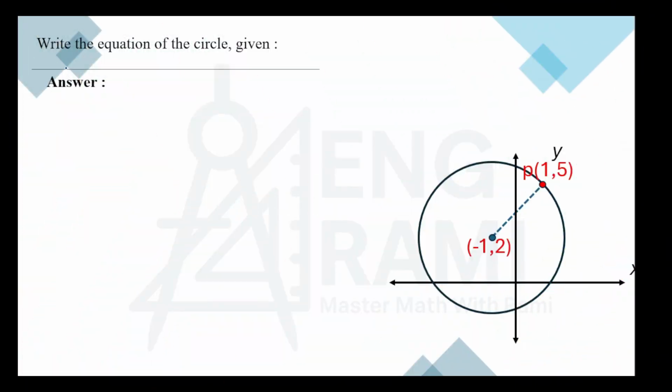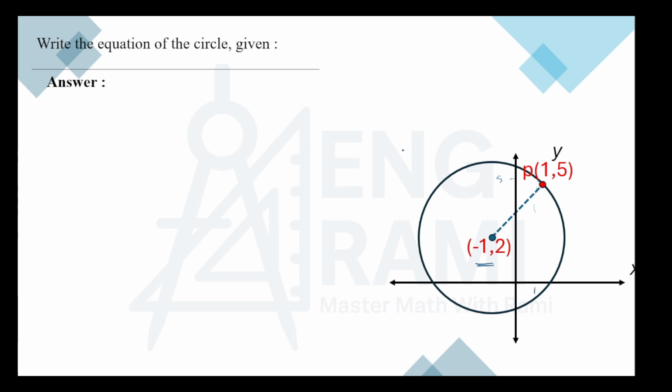Here is another type of questions. Write the equation of the circle given the center point of the circle and a point on the circumference of the circle, 1 and 5. So here's 1, and here is 5. Here is 1.